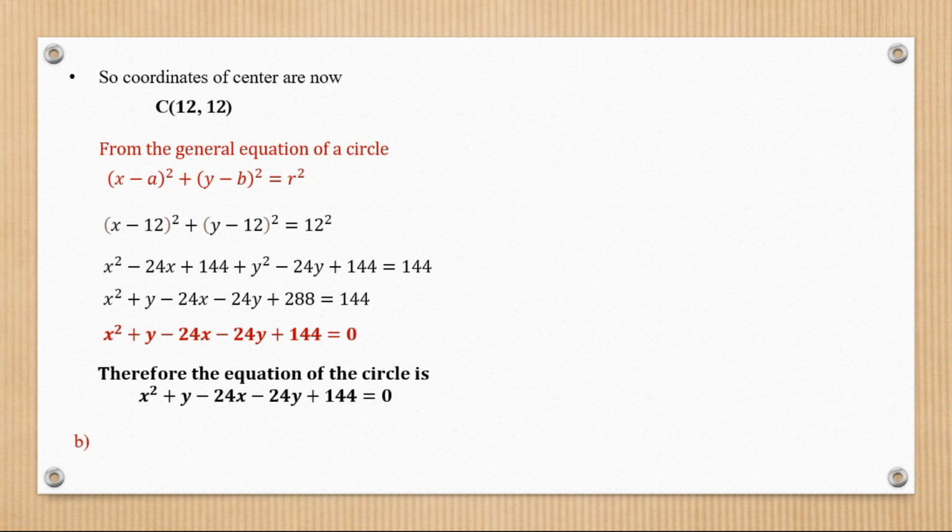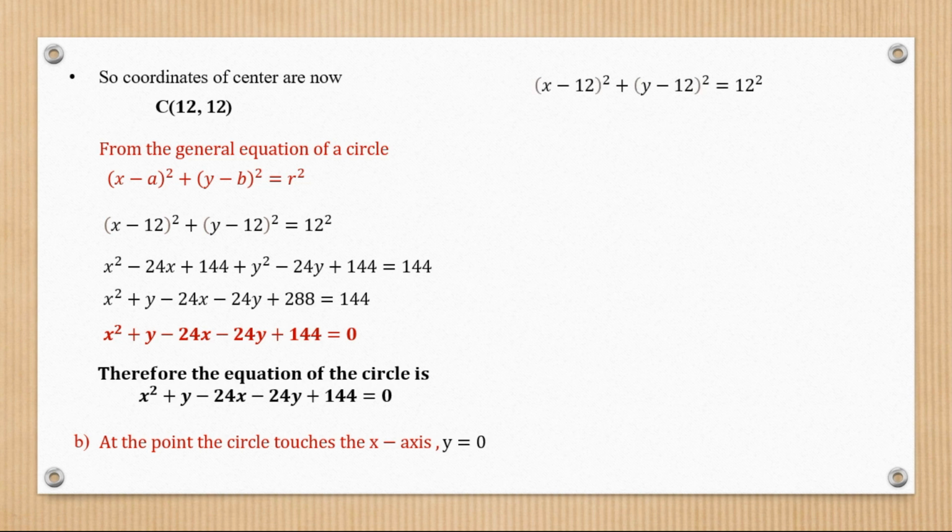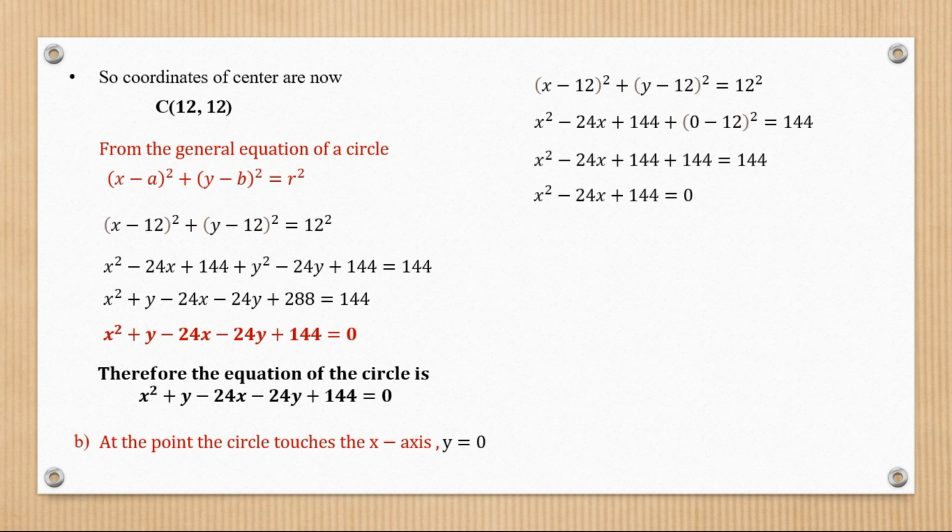Since we know the equation of the circle, at the point the circle touches the x-axis, y is 0, so wherever there is y, we place a 0. Then this is what I'll have. Simplifying this, I'll have this quadratic equation. When I solve this quadratic equation, I'll find that x shall be equal to 12.